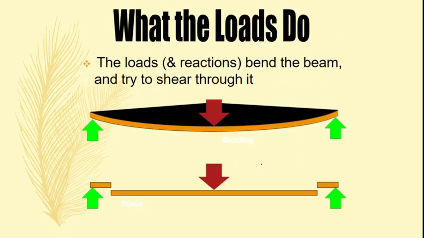Now before going to what the loads actually do, first we have to know that any structural member, that may be a beam, is designed by two criteria: one is strength criteria and one is rigidity criteria.